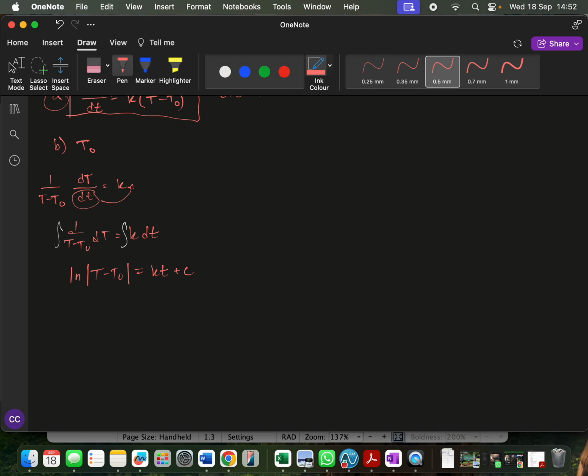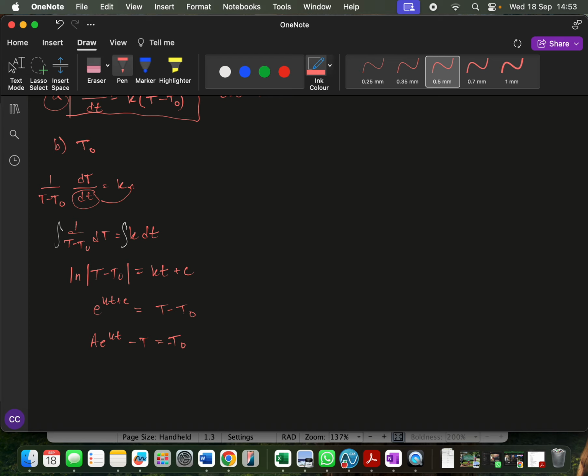So that gives me e to the kt plus C is the same as T minus T0. So A e to the kt, I've already dealt with my C, is then T minus T0.